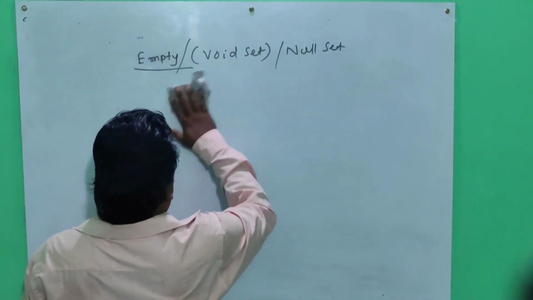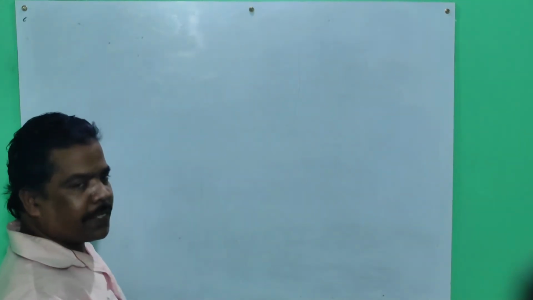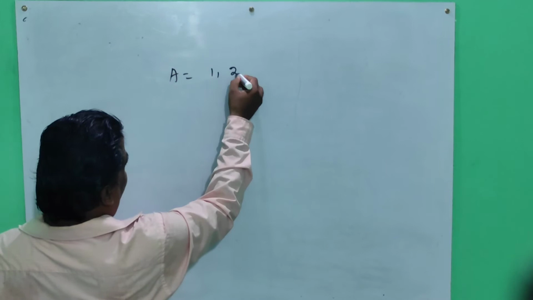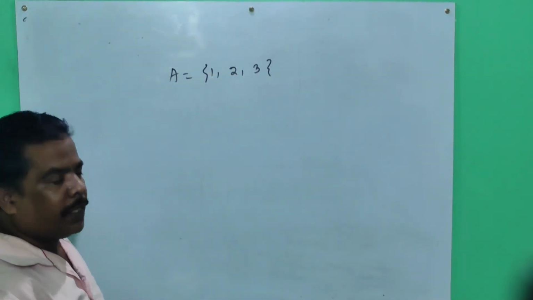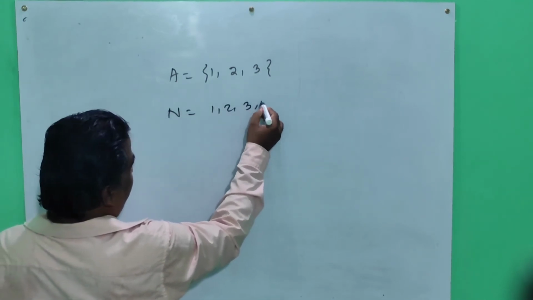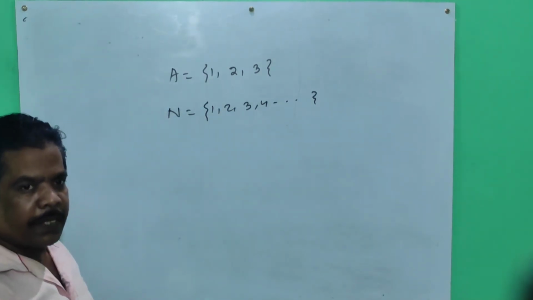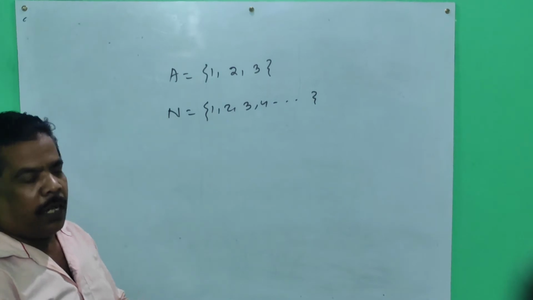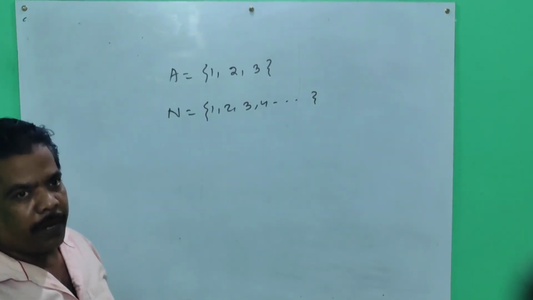Next, what are finite and infinite sets? If a set contains a finite number of elements, like 1, 2, 3, then it is a finite set. If a set contains an infinite number of elements, then it is called an infinite set.